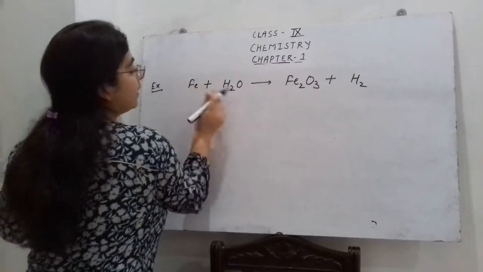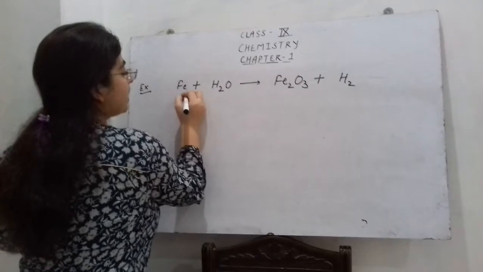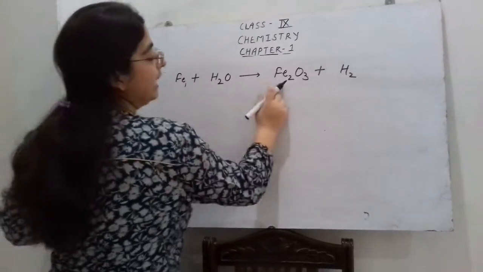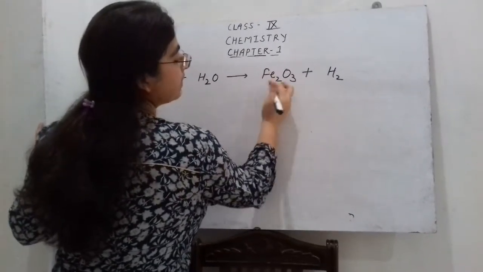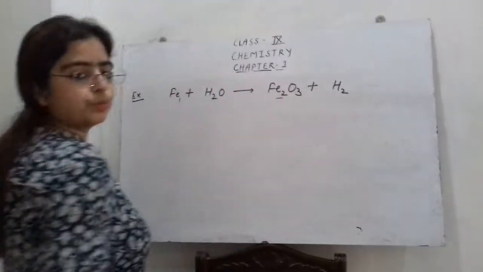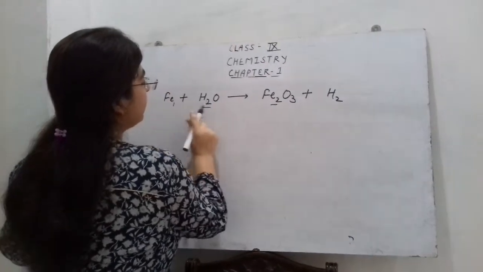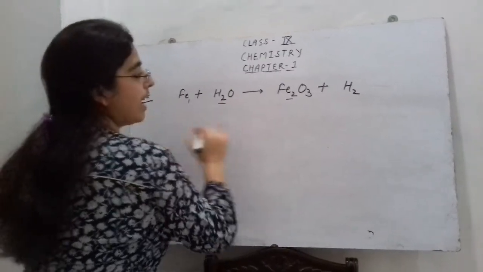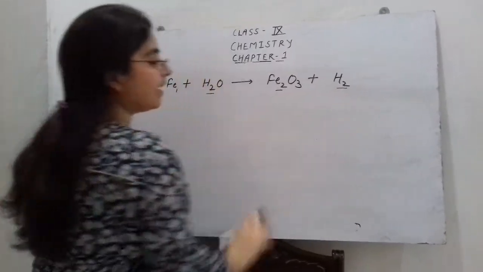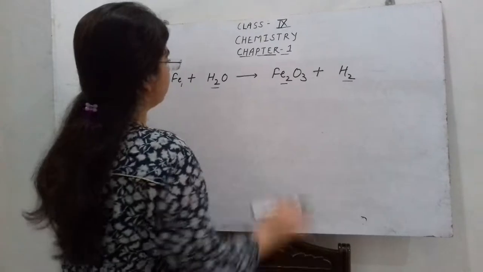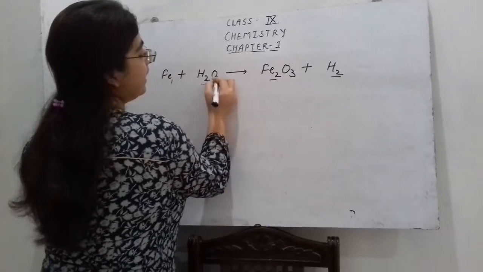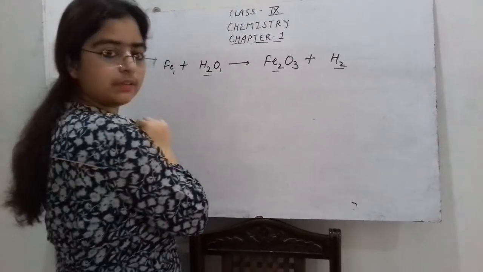Here in the reactant side the number of iron atoms are 1 only, and in the product side the number of iron atoms are 2. The number of hydrogen atoms here in the reactant side are 2, and in the product side also there are 2 atoms of hydrogen. In the reactant side the number of oxygen atoms are 1.